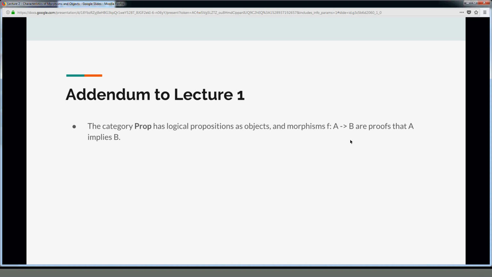The objects in this category are your logical propositions, and the morphisms are proofs that one proposition implies the other. And obviously you can have more than one proof, so there can be more than one morphism.